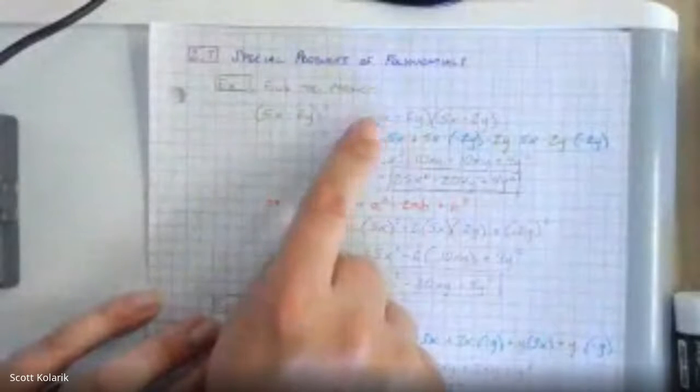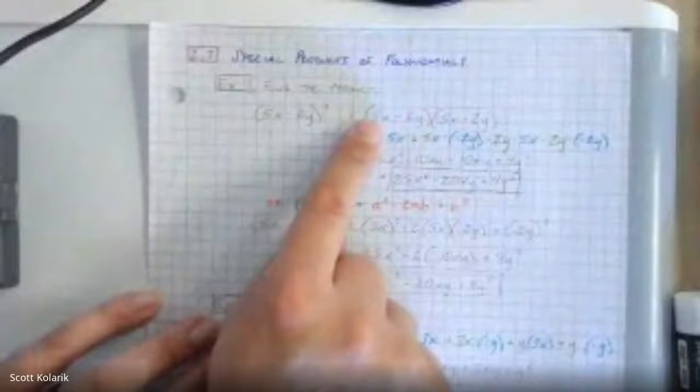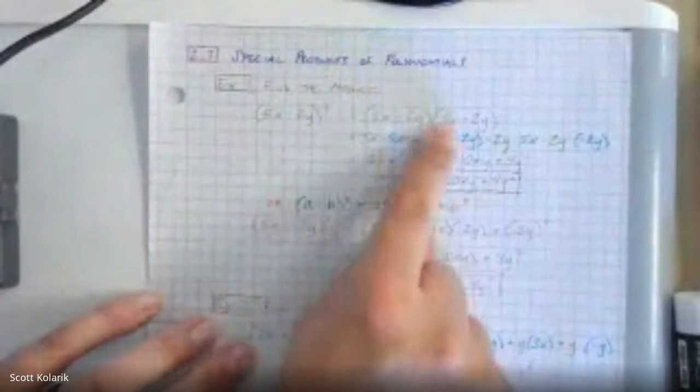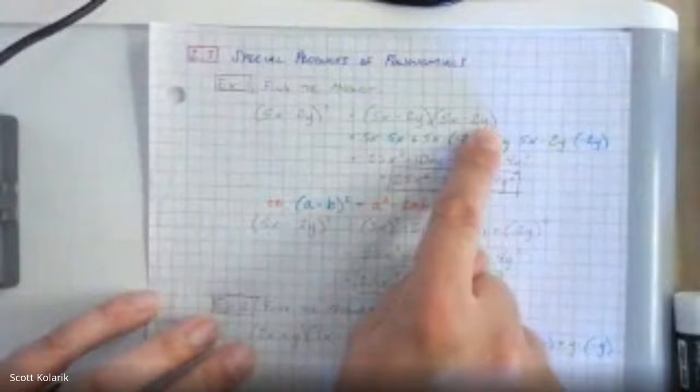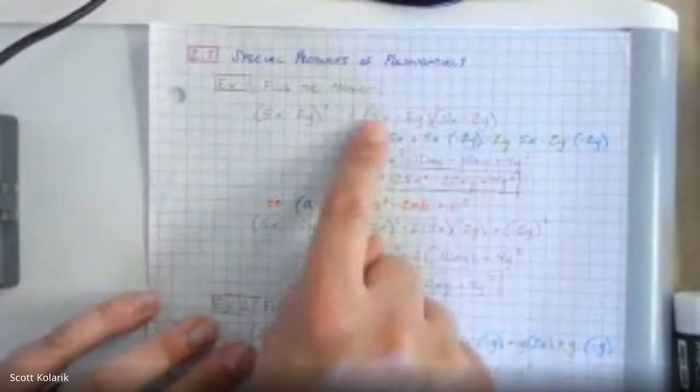Again, anytime I have polynomials multiplied by each other, I'm just multiplying and distributing and then collecting like terms. So I take my first object, 5x, multiply by 5x. That gives me 25x squared. That same 5x multiplied throughout this parentheses, 5x times negative 2y. This one tends to trick some students because there are more than one variable here.